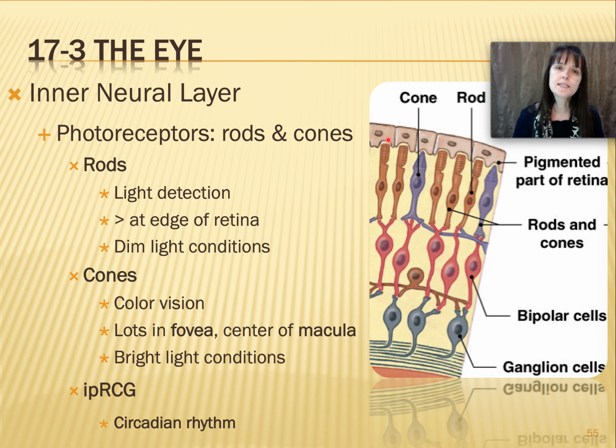What happens is it catches and absorbs excess photons. Without the dark pigment in the pigmented layer, or pigmented part, whichever one's the new term, I don't remember, the photons can bounce around inside the eyeball and then you get visual echoes.